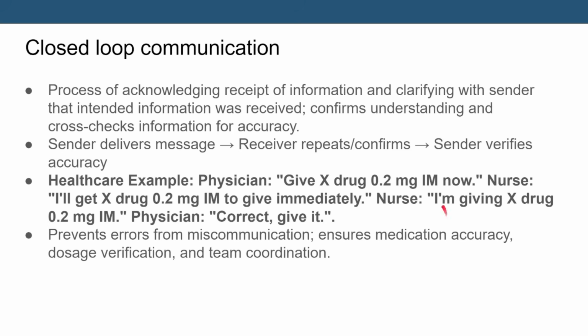And then they'll say, I'm giving X drug, 0.2 milligrams intramuscularly. The physician is then going to say, correct, give it, or correct, give 0.2 milligrams intramuscularly of X drug. So this prevents errors from miscommunication and ensures medication accuracy and dosage verification and team coordination.